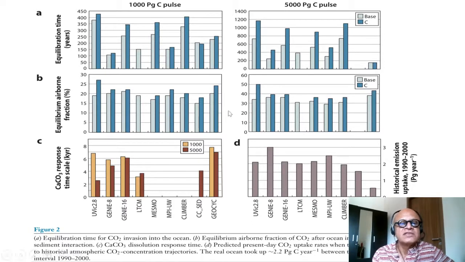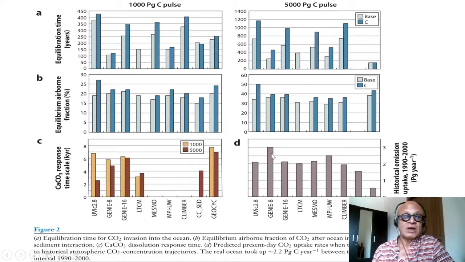Okay, so that's with feedbacks. You get a higher fraction of CO2 remaining in the atmosphere. This gives you a hint that over an equilibration time scale of many hundreds of years, depending on how much carbon we put into the system, the carbon cycle with feedbacks is going to give us more carbon than the base case where there are no feedbacks.